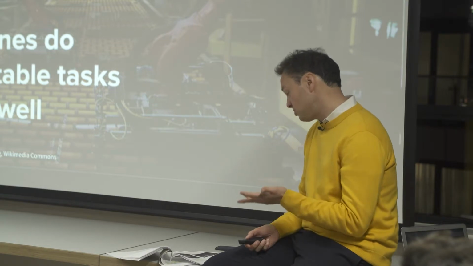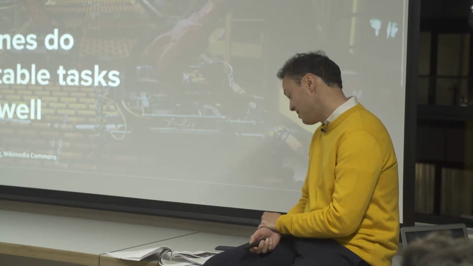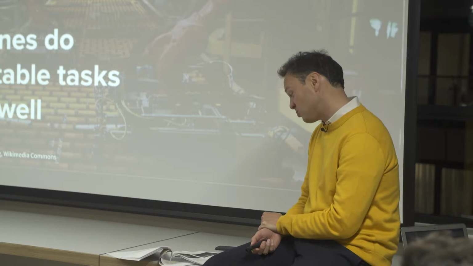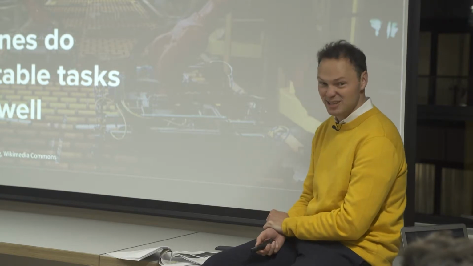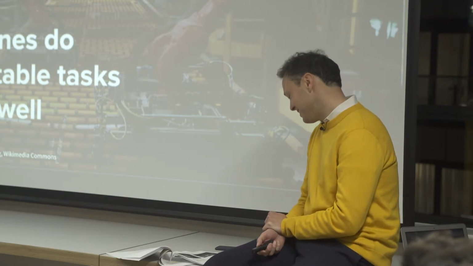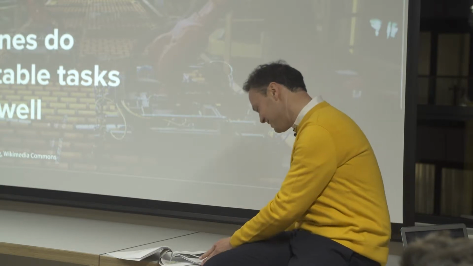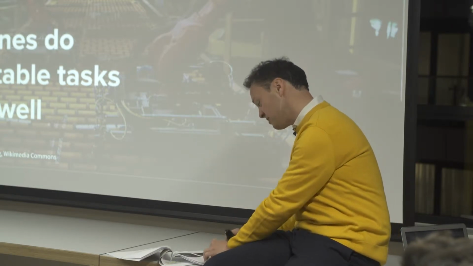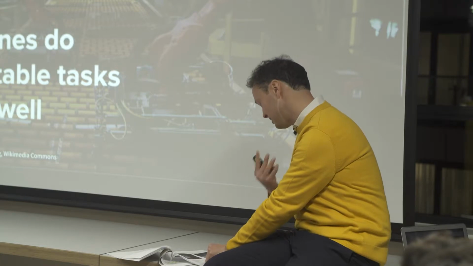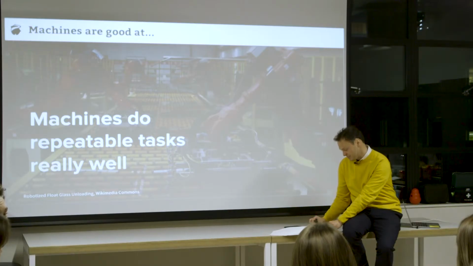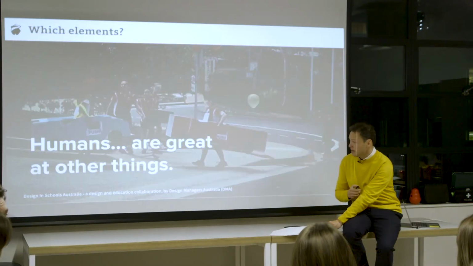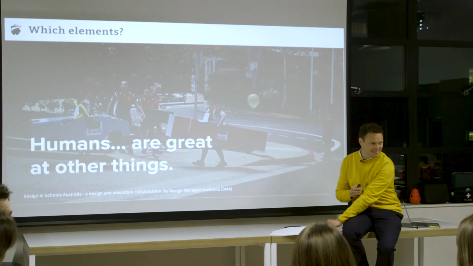It can respond to stimuli with great speed and precision. It's very consistent across repetitive tasks, and it doesn't suffer boredom, luckily. So it's great for number crunching and all the things which are really lots of repetitive and data-driven things. Humans are not that great at these things.